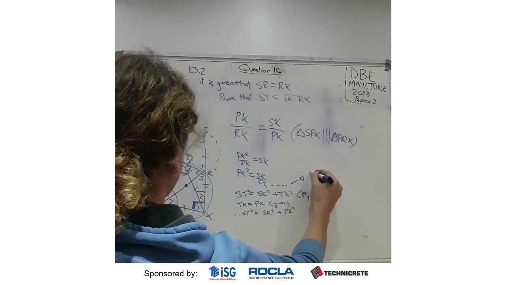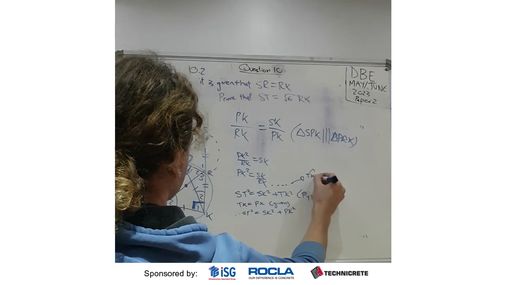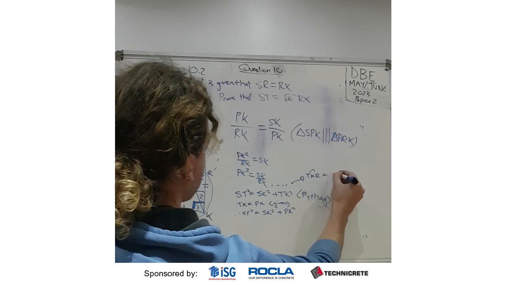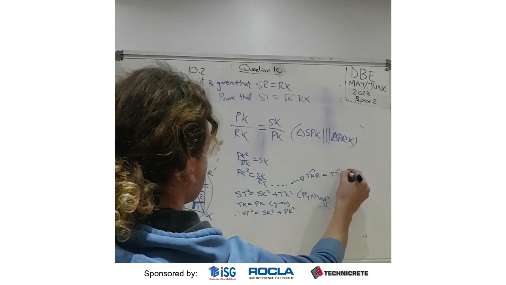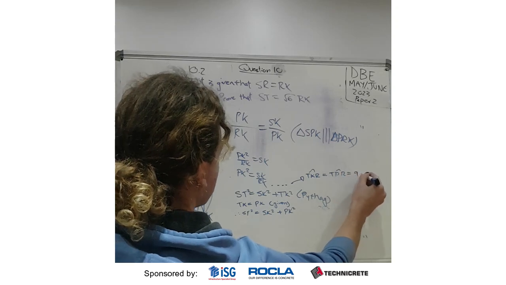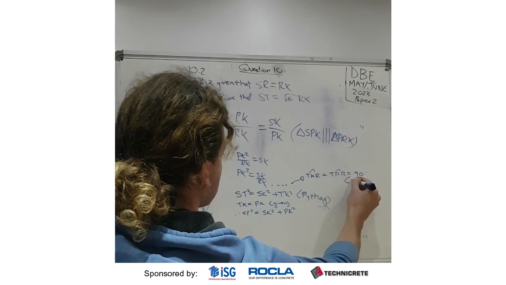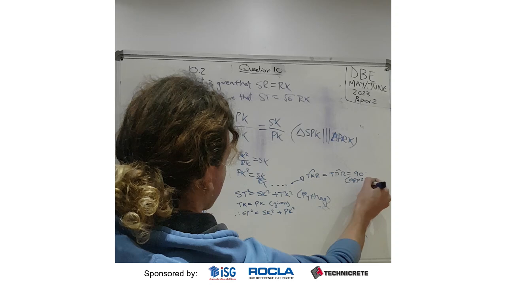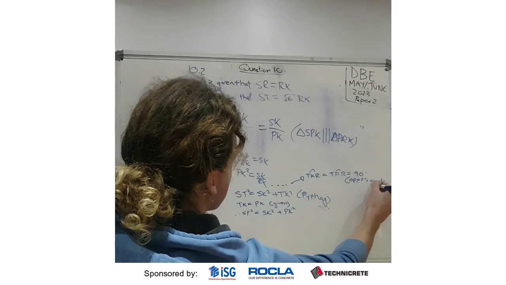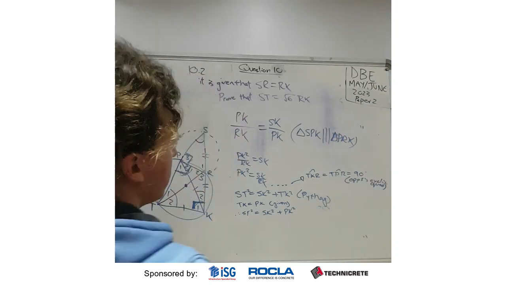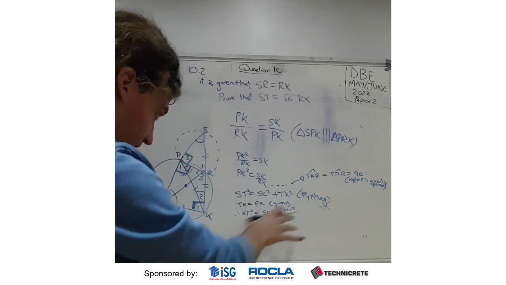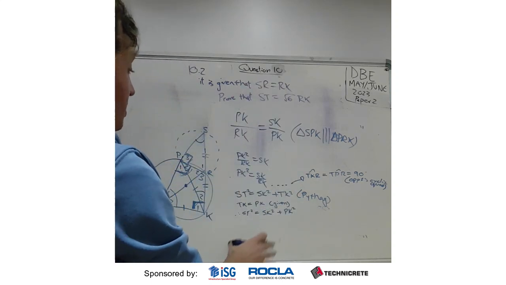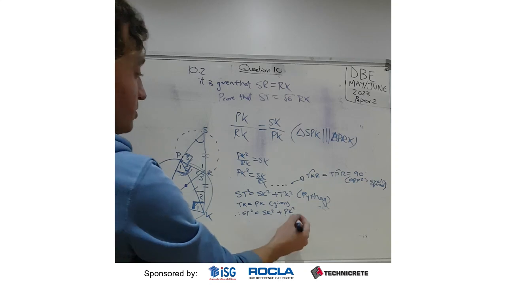Angle TKR is equal to angle TPR is equal to 90 degrees. That's because of angles in a cyclic quad.